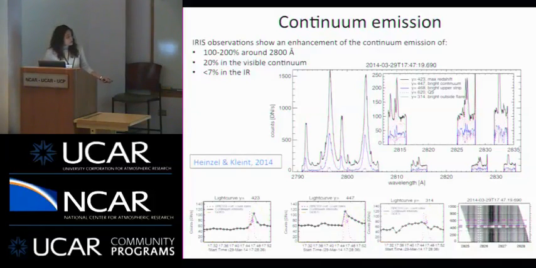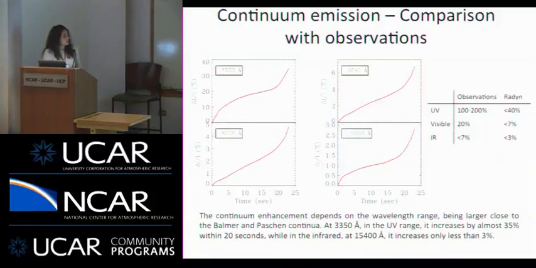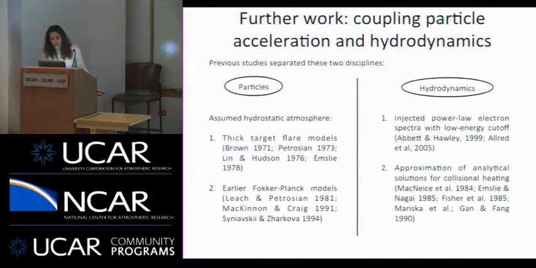So comparing these results with the observations, for the first 25 seconds, we can see that it increases about these orders of magnitude at all these wavelengths: ultraviolet, visible, and infrared. We are expecting to get a stronger enhancement of the continuum at later times.